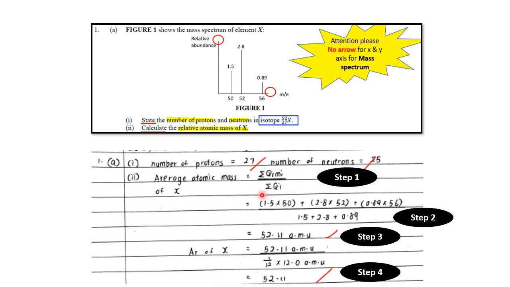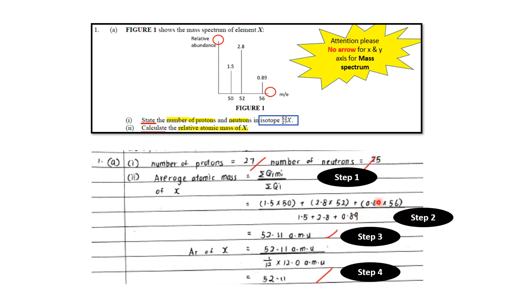Next, the relative atomic mass of X. I encourage you all to start with the average atomic mass of X first, applying the formula sum of Ki Mi over sum of Ki. Ki refers to the abundance, Mi refers to the isotopic mass. So 1.5 times 50 plus 2.8 times 52 plus 0.89 times 56, over the sum of abundance, which is 1.5 plus 2.8 plus 0.89.